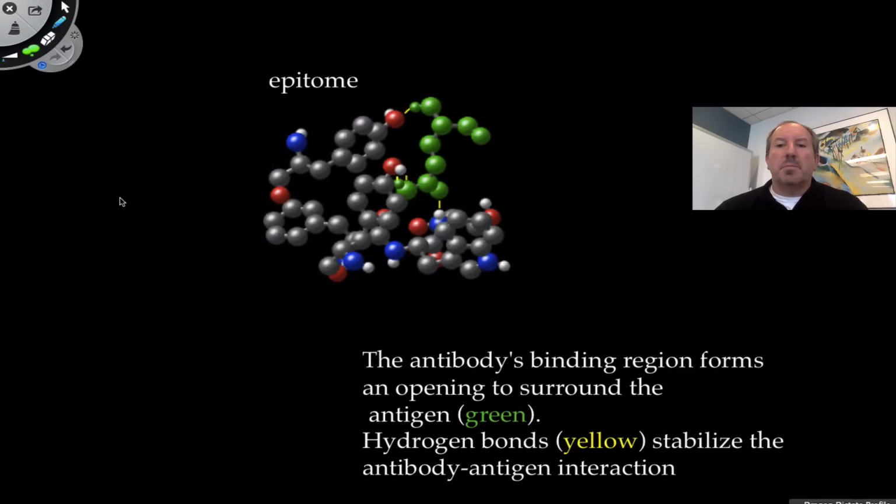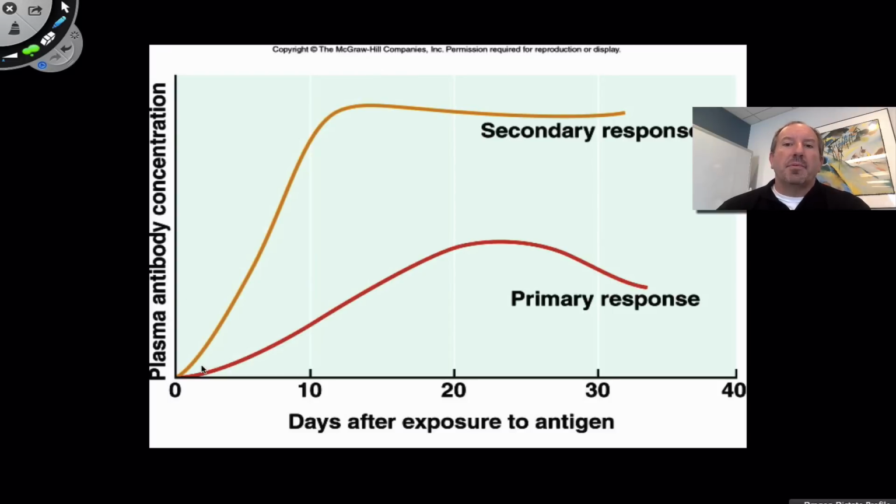So it's all about antibodies. What happens is the primary immune response, the first time you get sick, takes several days for those B cells, which are secreting antibodies, to develop into effector cells and then plasma cells and then secrete antibodies. As you can see, in a couple of weeks, the concentration gets really high.